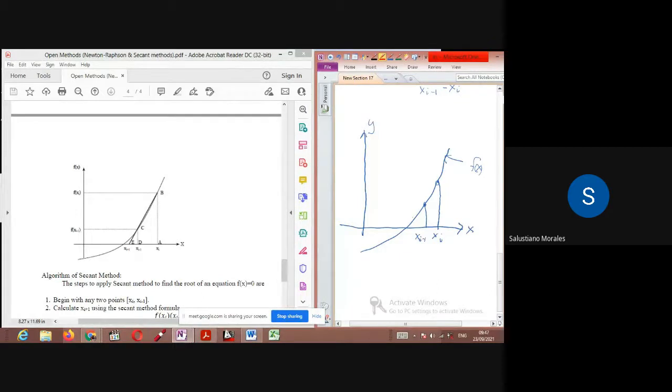So not necessary that these initial values of x will bound the location of the root. So makita natin dito na ang root natin is on this point. So yung in between xi minus 1 and xi is outside yung location ng root.